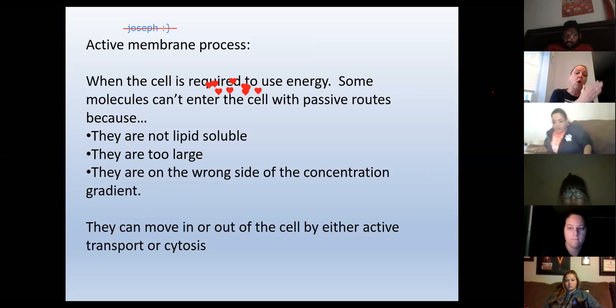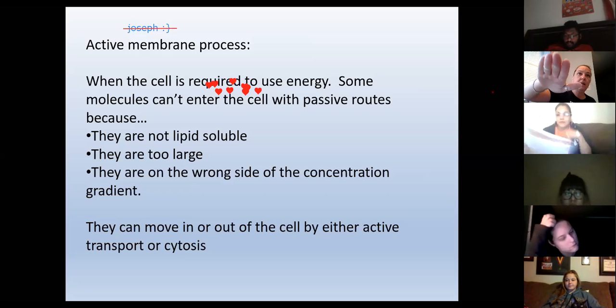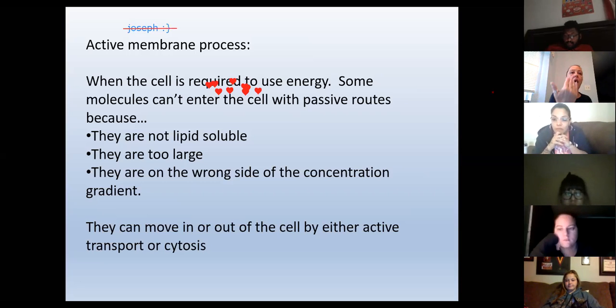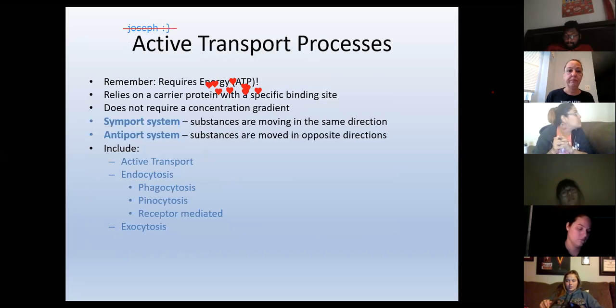And if they're on the wrong side, so if I am moving against the gradient, instead of going down the slide, I'm trying to climb up the slide. That's what I mean when I say I'm on the wrong side of the gradient. My molecule is moving against the crowd. So these all require energy.